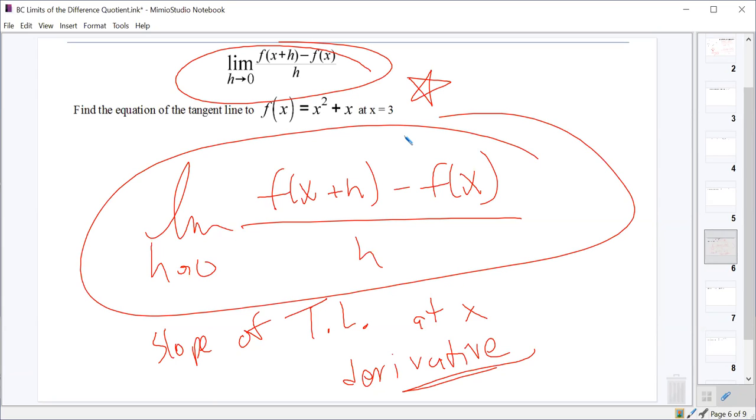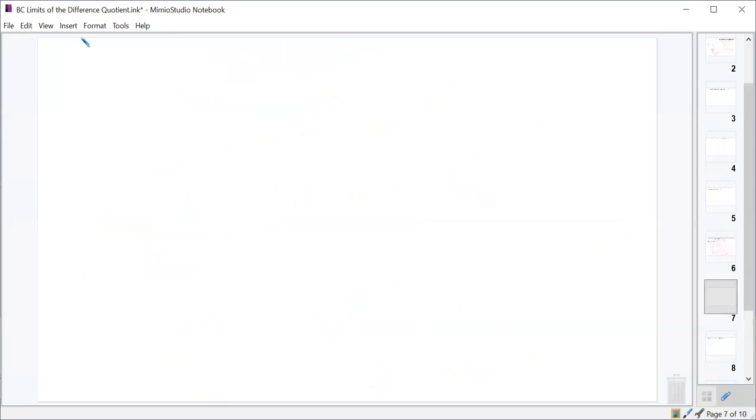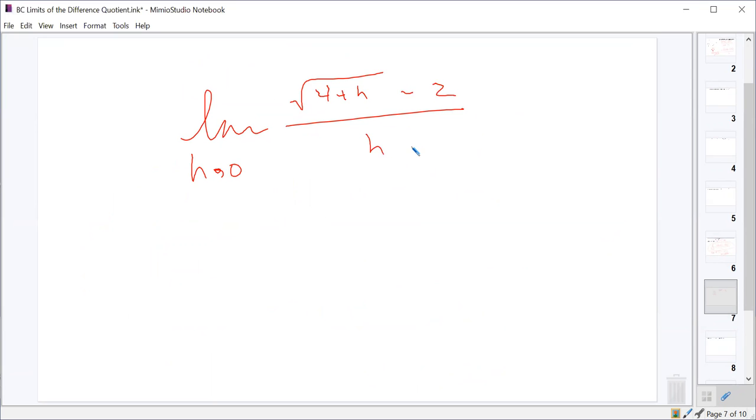Will this show up on the AP test? It will sort of, maybe, in the multiple choice sometimes. They'll put in a question like: what's the limit as h approaches 0 of the square root of 4 plus h minus 2, over h.